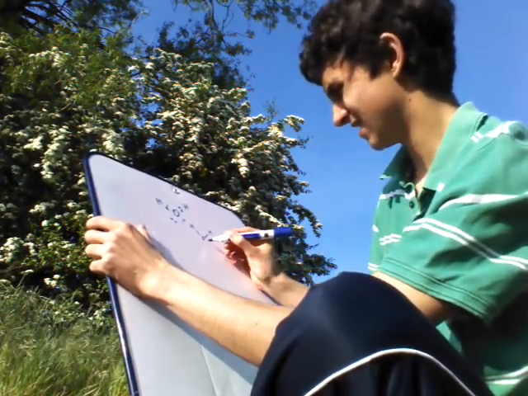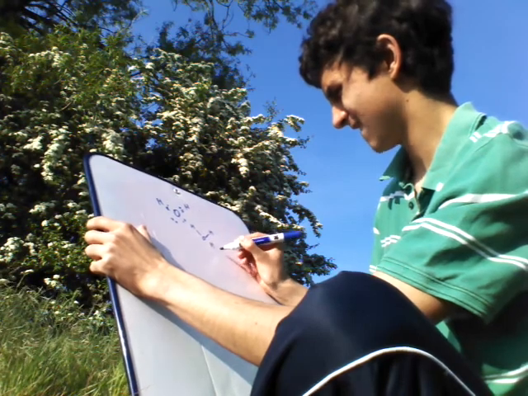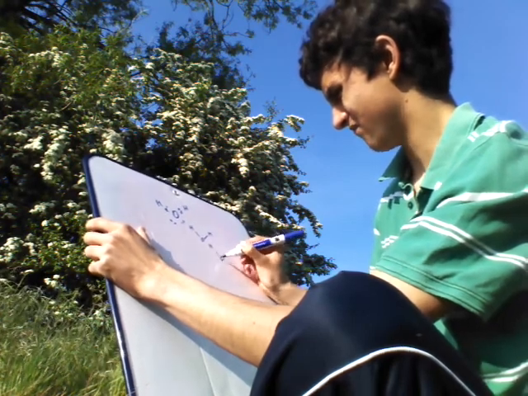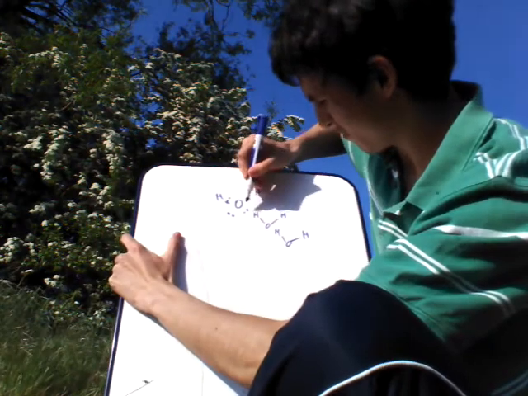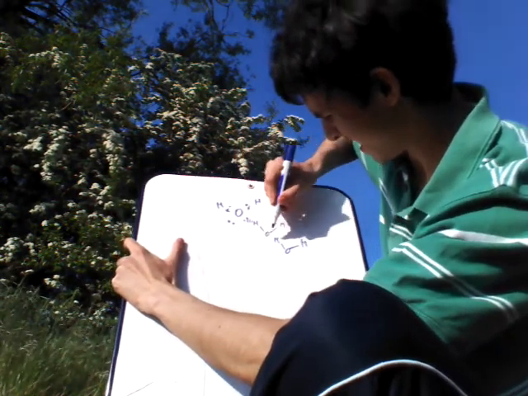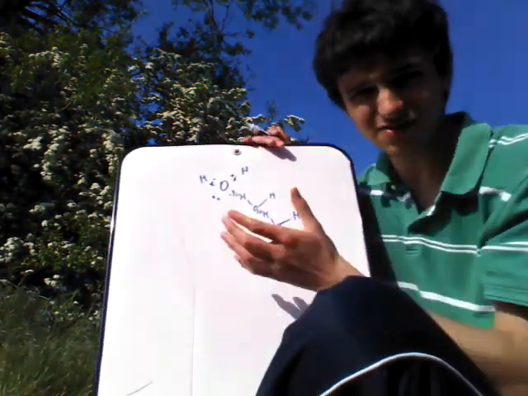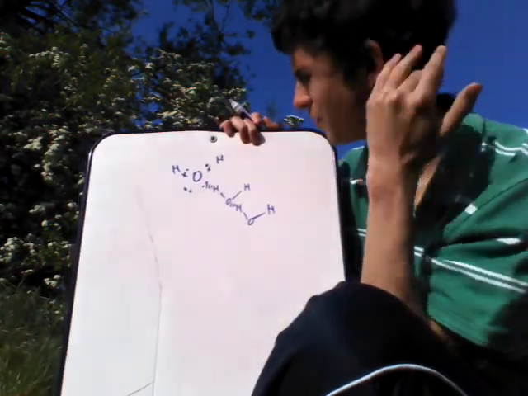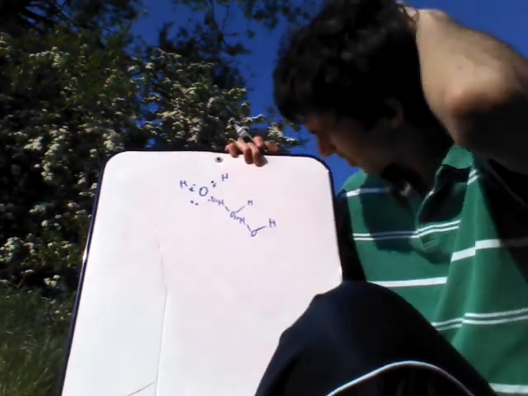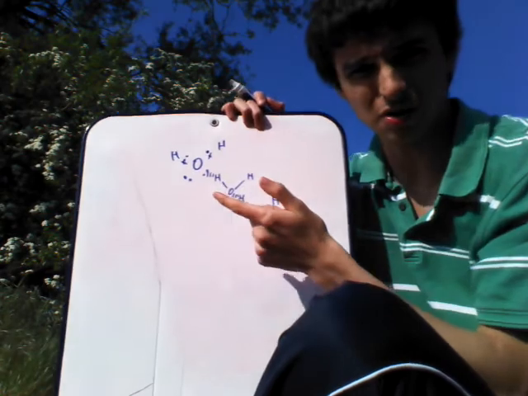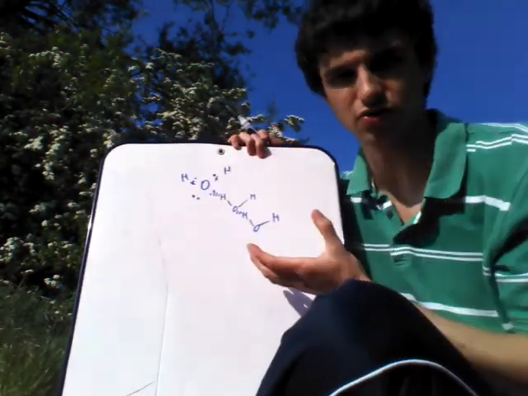Like that. So we've got hydrogen bonds here, hydrogen bonds here. They're always 180 degrees. The bond angle between the hydrogen and the oxygen of the other water molecule is always 180 degrees. So we're forming hydrogen bonds.